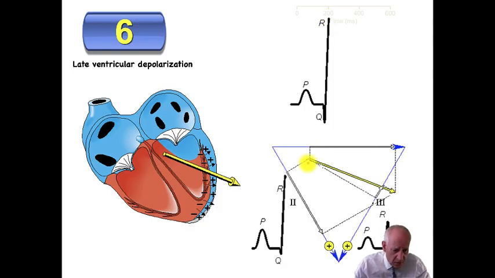How about in lead 2? Lead 2, about the same vector is recorded as the R wave. And notice that lead 3 does not see this large vector well because it is nearly perpendicular to lead 3. In fact, it is pointed away from the positive pole a little bit from lead 3, so it records a negative deflection, which is now part of the S wave.